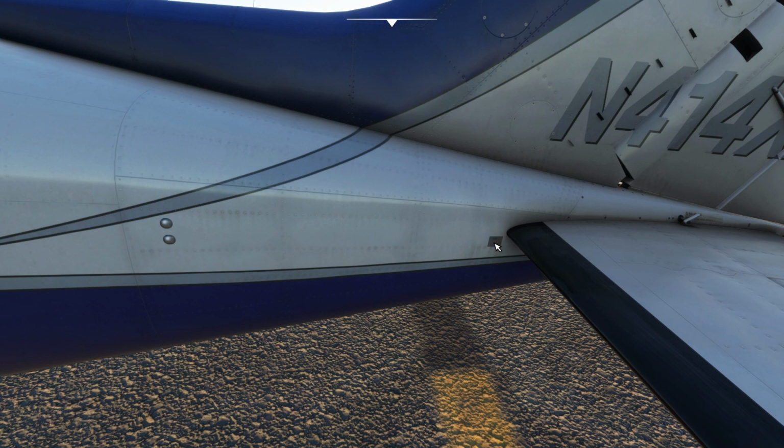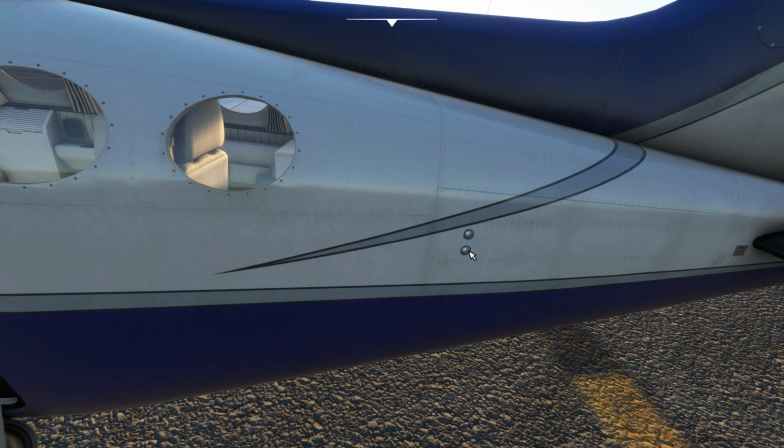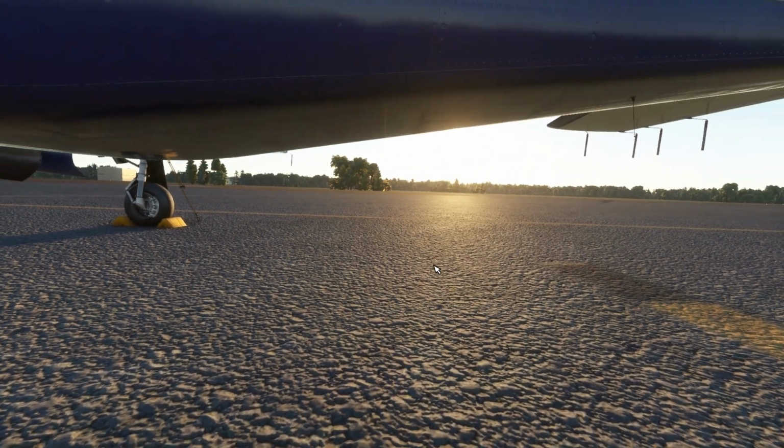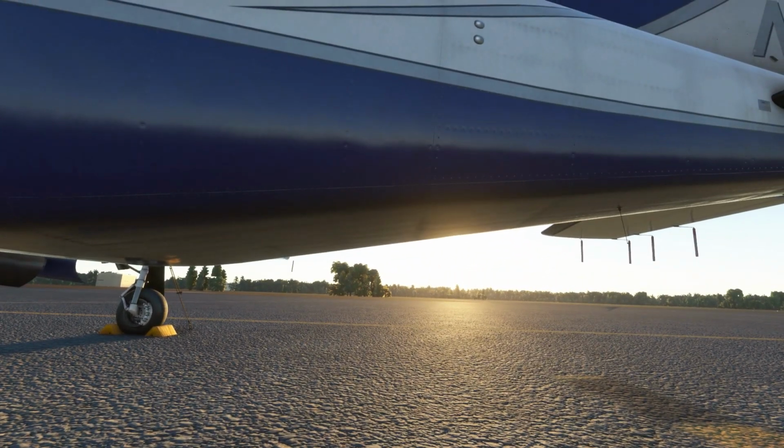You shouldn't put a static port here. This is a stagnation point, so no, you shouldn't put it there. Maybe this should be the, but why 2 and why do they look like that? Anyway, it doesn't matter. Underneath, nope.